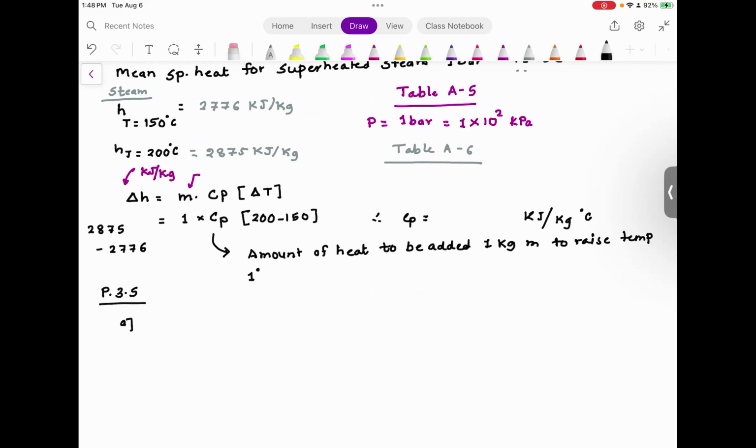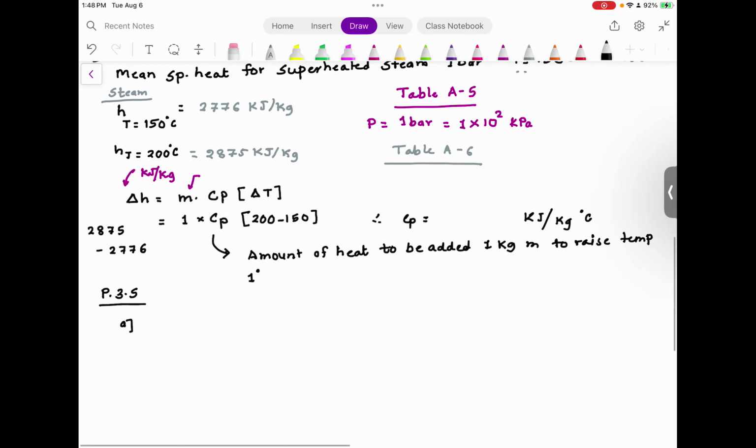First part: mass is equal to 2 kg, pressure is equal to 8 bar, enthalpy 5538, and temperature is equal to 170 degrees C. The easiest way to identify the state of the steam is using the steam tables or the Mollier chart.